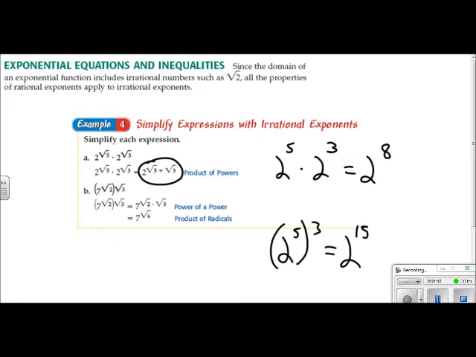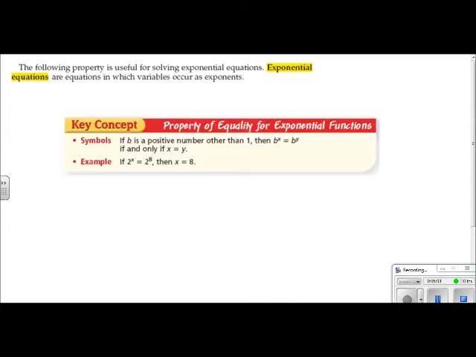Same thing over here. If we have 7 to the power of root 2, that to the power of root 3, all of a sudden now we do 7 to the power of root 2 times root 3, which is 7 to the power of root 6. So those are just some properties of exponential functions, exponential equations.